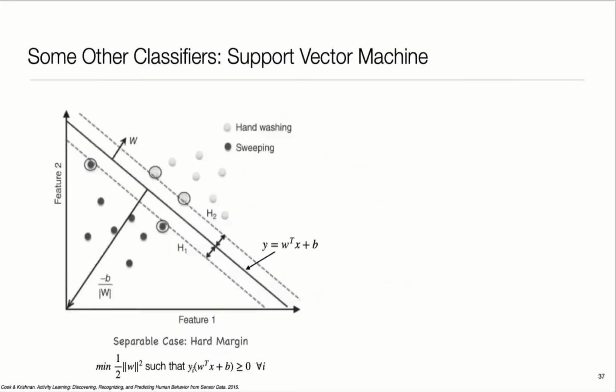And the final one, which is probably the one which most commonly gets used because it again does pretty well, is support vector machines. The concept here is as follows: I have 2 classes, the ones shown with filled dots and the ones which are white dots. They represent 2 different activities, in this case, hand washing and sweeping.